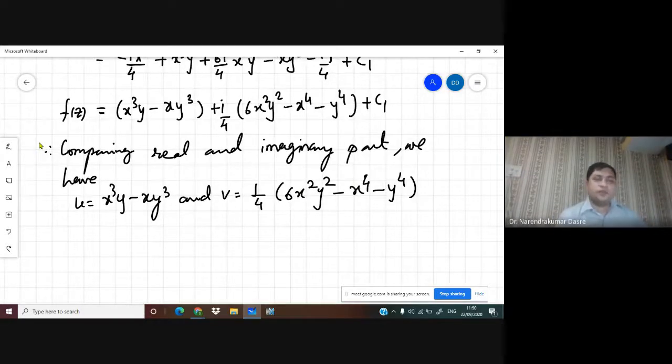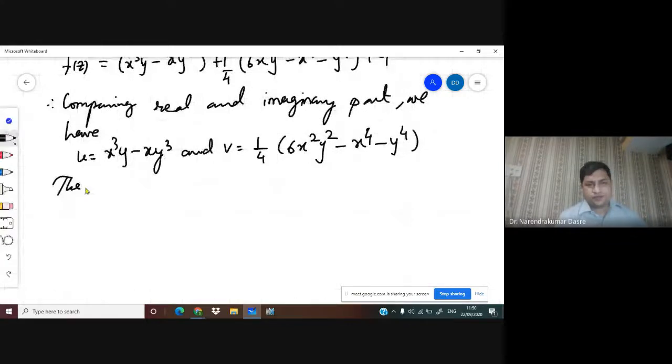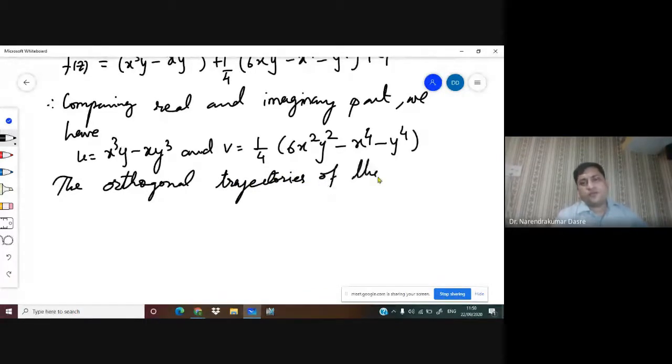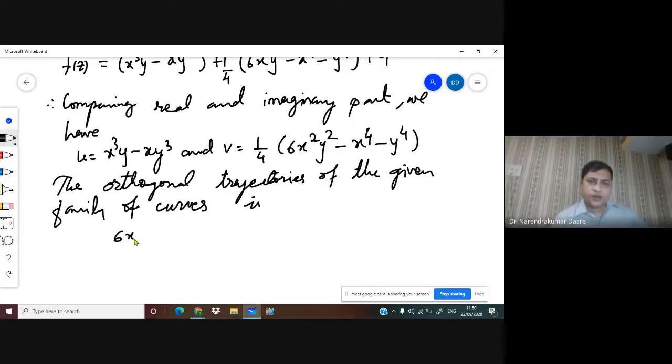And hence we can say the orthogonal trajectories of the given family of curves is 6x^2 y^2 - x^4 - y^4 = constant.